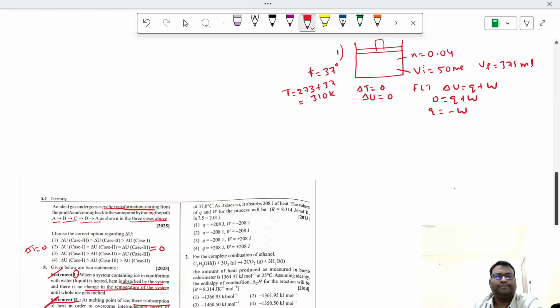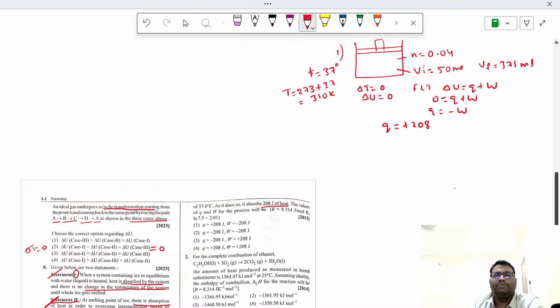It absorbs 208 joules of heat. Q absorbed means Q is plus 208.